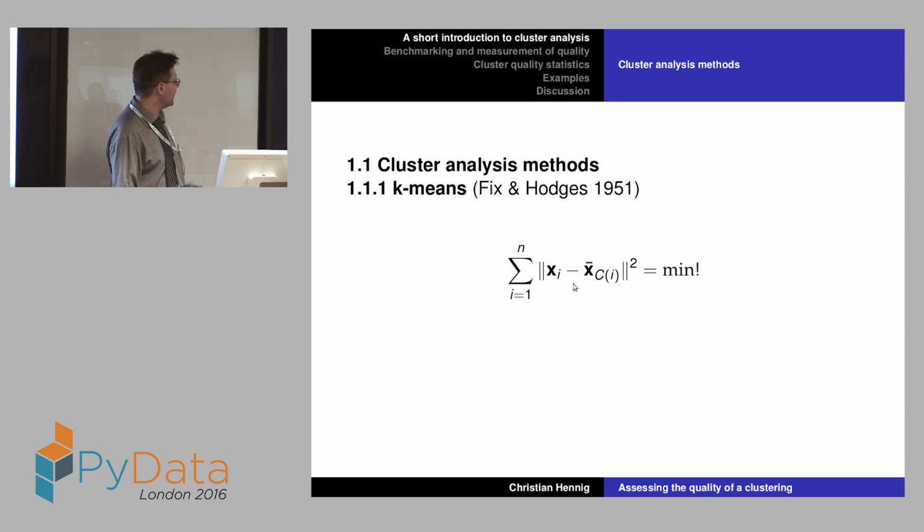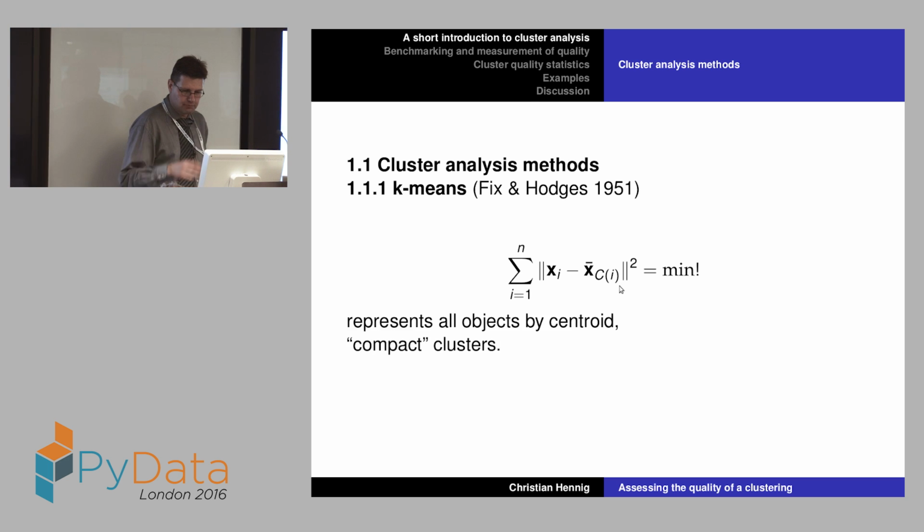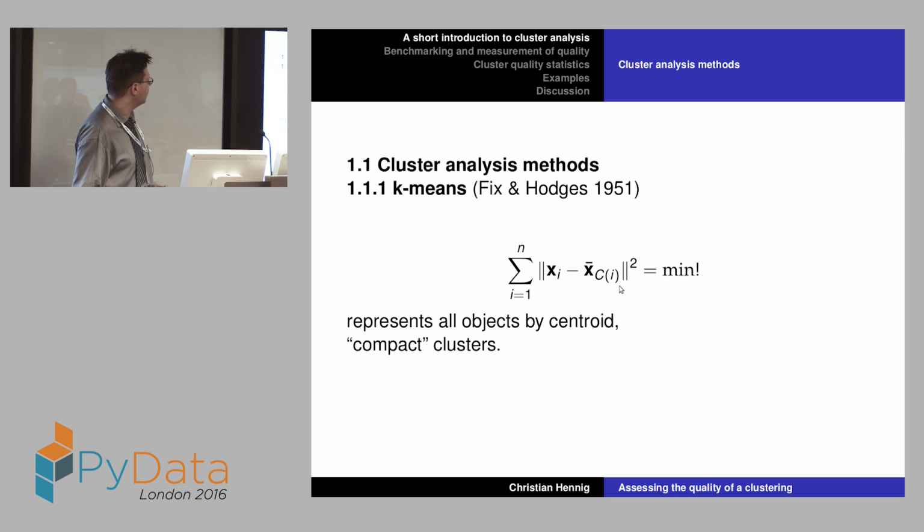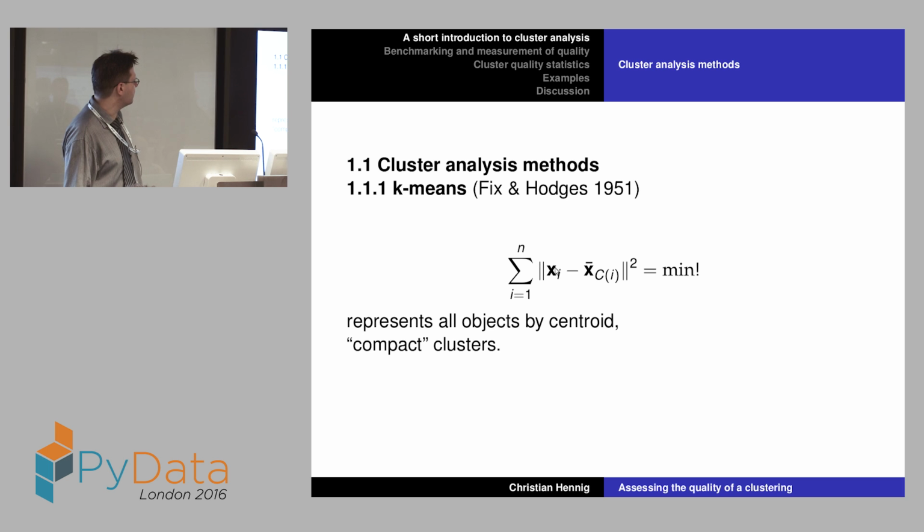We try to assign them in such a way that this sum of squares is a minimum. That means that we represent all the objects in a cluster by some kind of centroid, which here is the mean vector. And this will give us compact clusters because the objects spread in all directions around the mean, and in all directions the distance is computed in the same way.